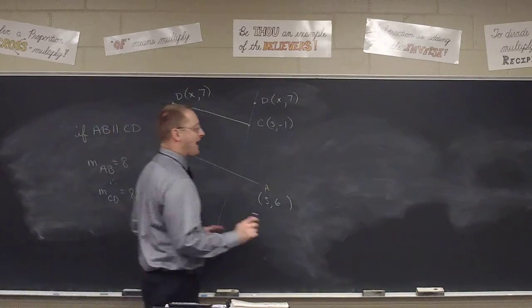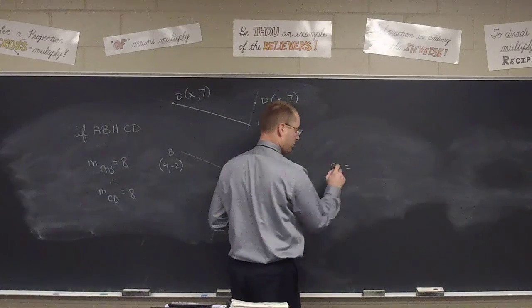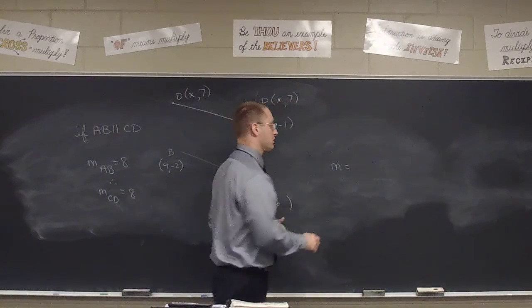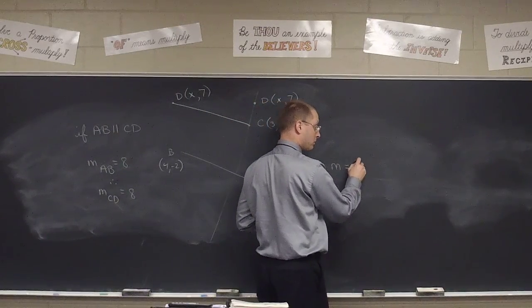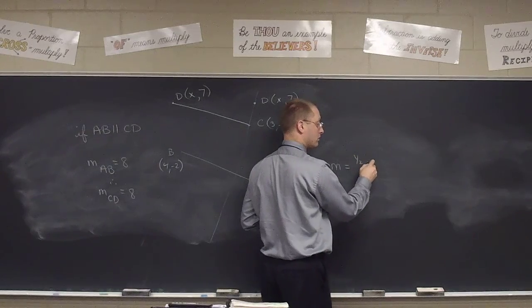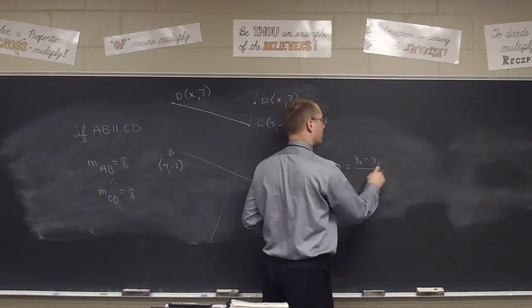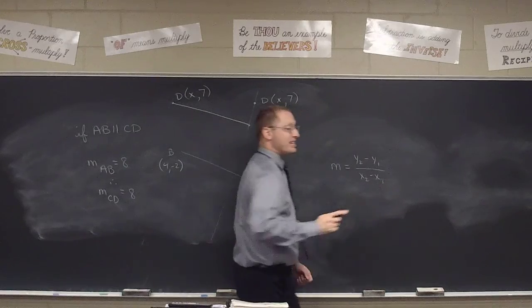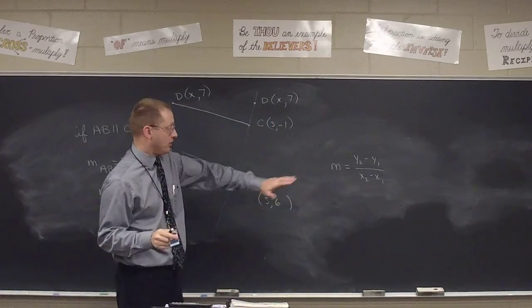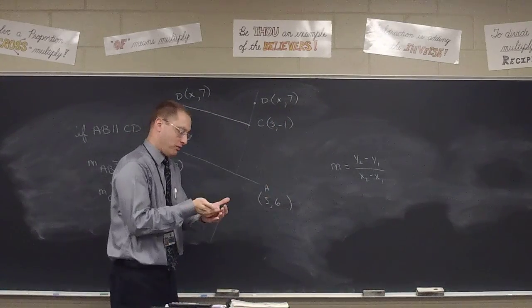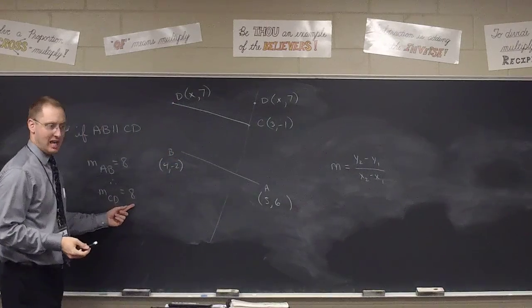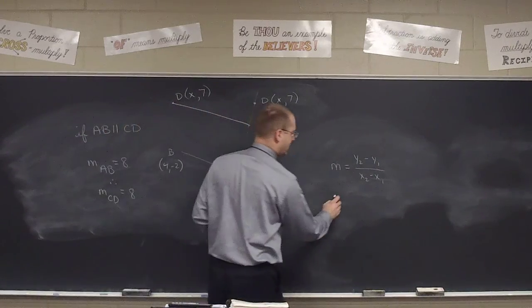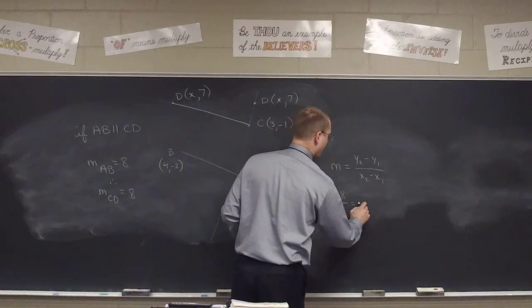Now here's the deal. To find slope, I would use the formula m equals y2 minus y1 over x2 minus x1. If I wanted to find slope, that's what I would do, correct? Well, I don't need to find the slope. I know the slope. It's 8, or we could make it a fraction and call this 8 over 1.